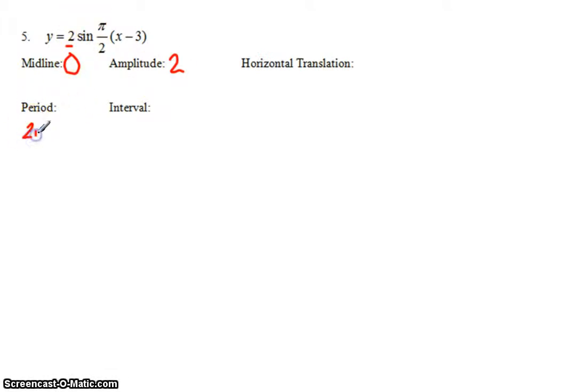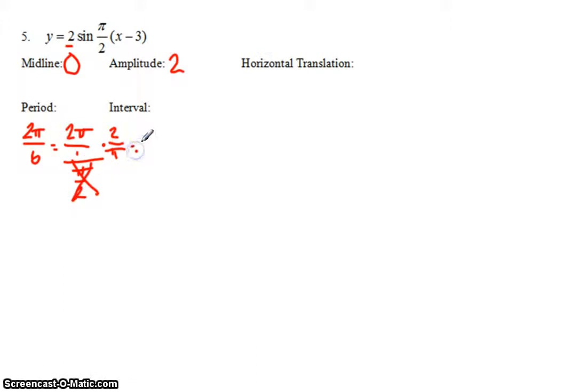2 pi divided by b, which means I'm going to get 2 pi over 1 divided by pi over 2. It says dividing fractions is as easy as pi. Keep the first, flip the second, and multiply. So I'm going to flip it, and I'm going to get 2 over pi.